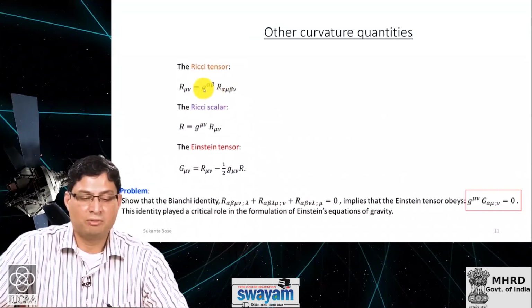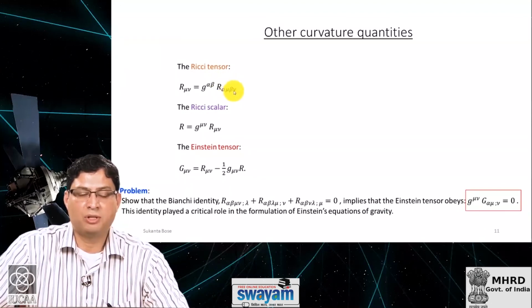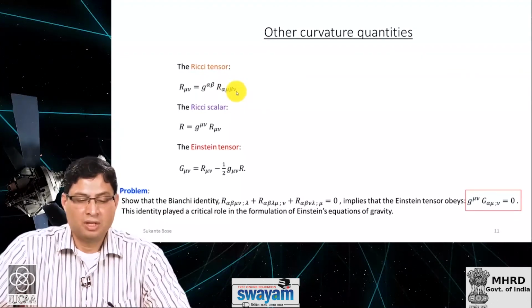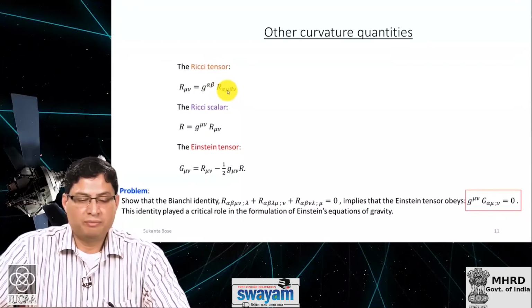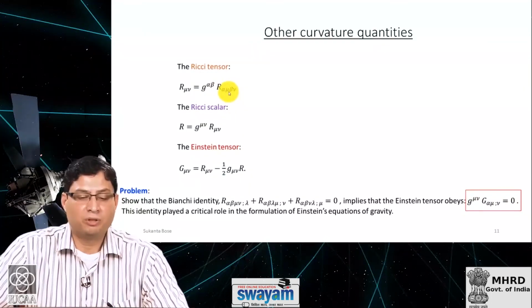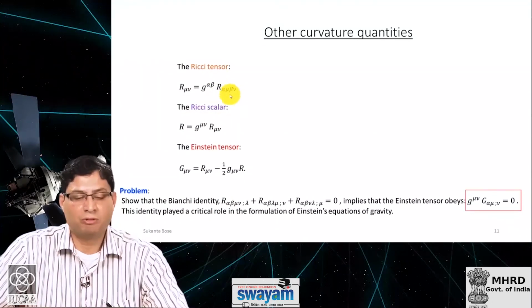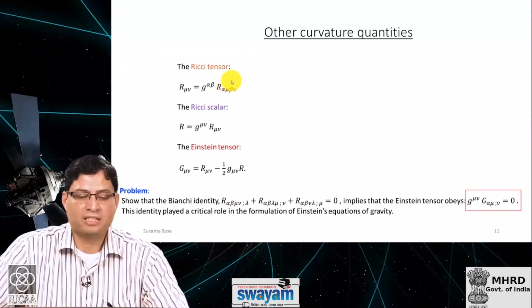Similarly, the contraction of g beta nu with R alpha mu beta nu would also be 0, because the Riemann curvature tensor is antisymmetric in the last 2 arguments. Therefore, the only meaningful contraction you can do is between the first and the third index. Another meaningful one would be between the second and the fourth index.